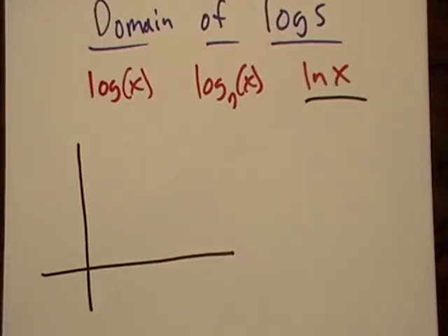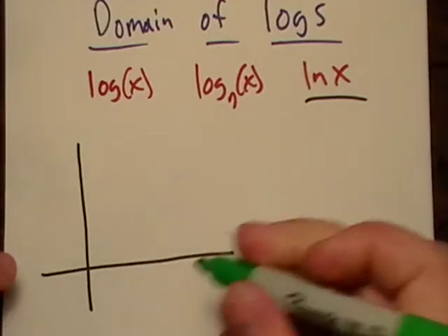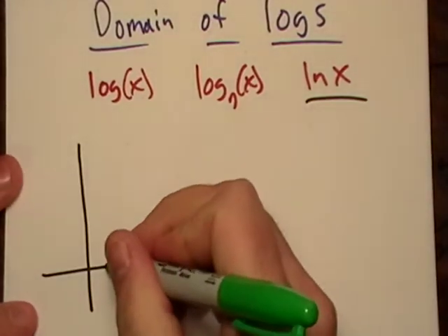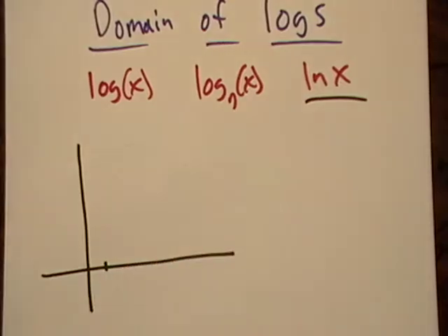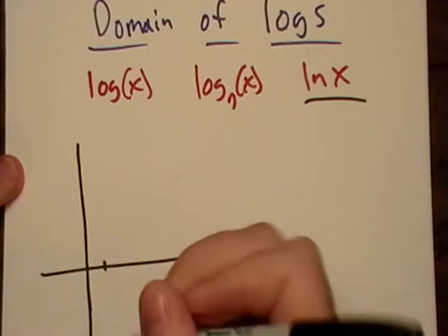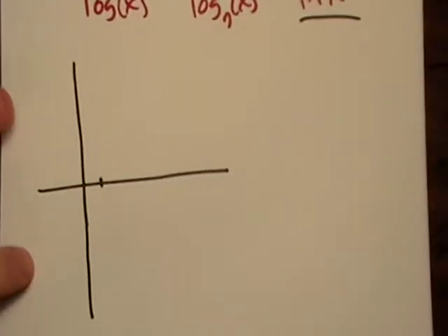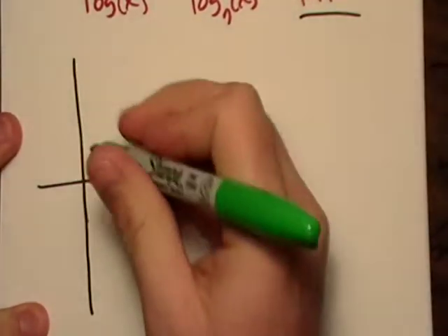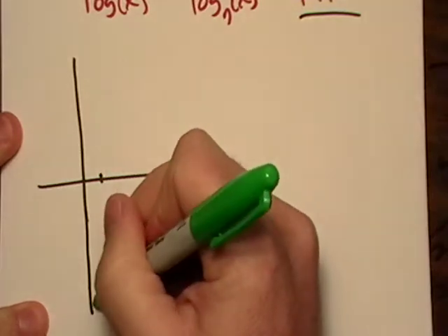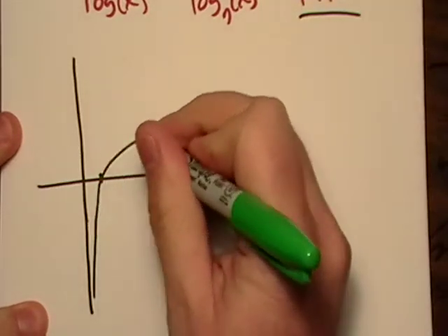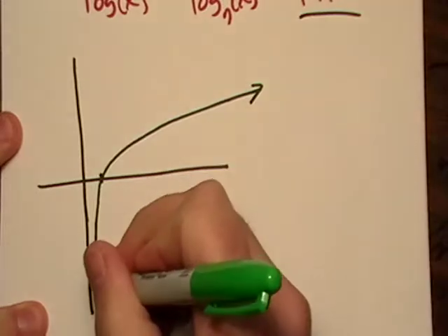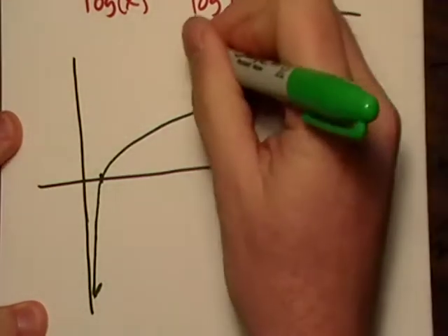It's going to graph something that looks kind of like this. It's going to intersect at 1 right there.